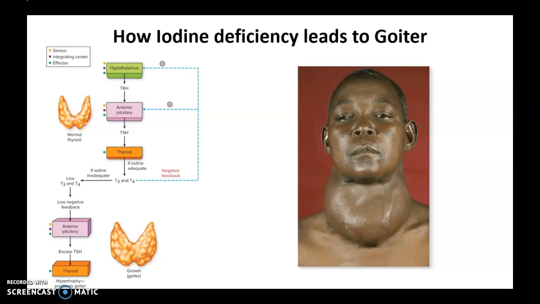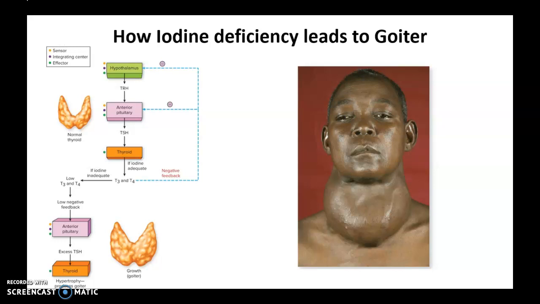So no iodide, no thyroid hormones, right? And that leads to a disease state called goiter. In the picture on the right, we see a person with a highly enlarged thyroid gland, a condition called goiter.